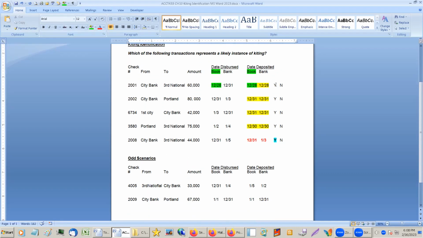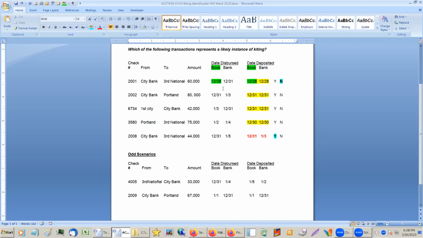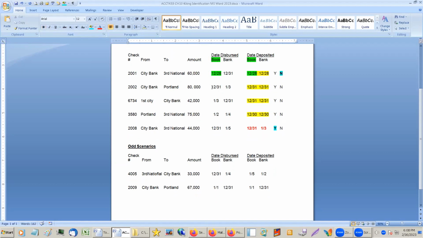And they are made on the same date. So is this kiting? No. All right, this one. Same date. Okay, like kiting? No. No, not okay.